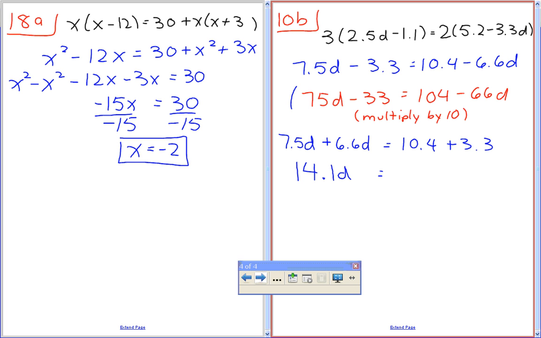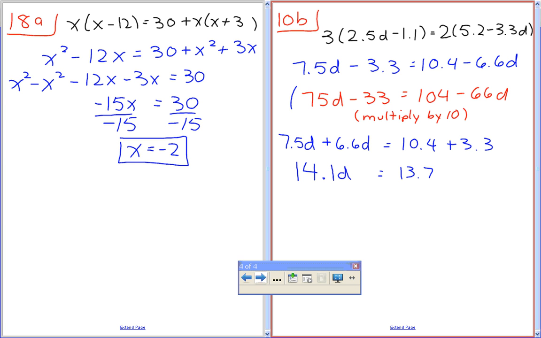And 10.4 plus 3.3 is? Yeah. 13.7. Okay, cool. Noah, final step is what? Somebody help Luke. Divide by 14.00.